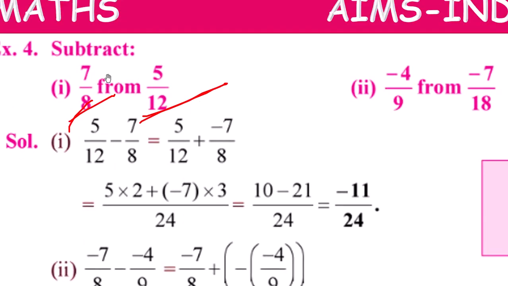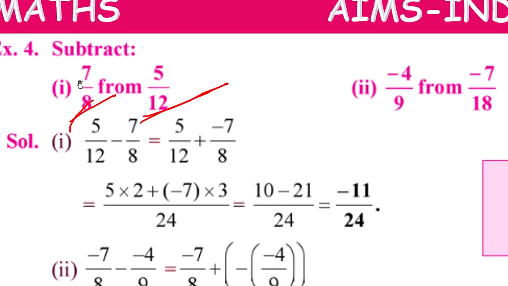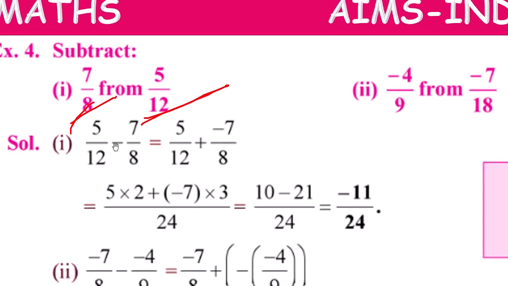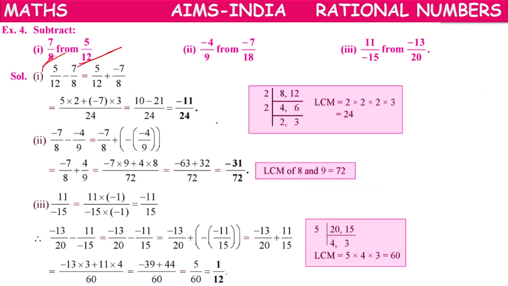Subtract 7 by 8 from 5 by 12. So here, children, we have to subtract 7 by 8 from 5 by 12. So 5 by 12 is written first, minus 7 by 8 written second. But this subtraction we are changing into addition, plus. So this 7 by 8 will become its additive inverse, minus 7 by 8.